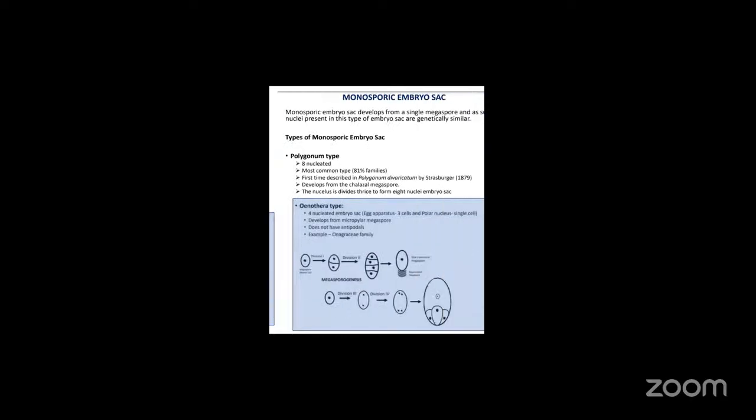So coming to the bisporic type of embryo sac. In this type of embryo sac development, the first meiotic division is accompanied by wall formation, so the dyad is formed.